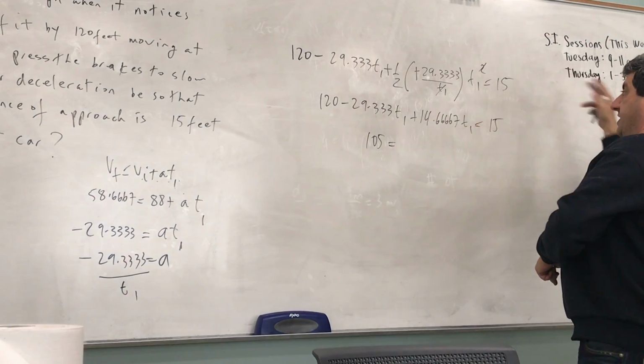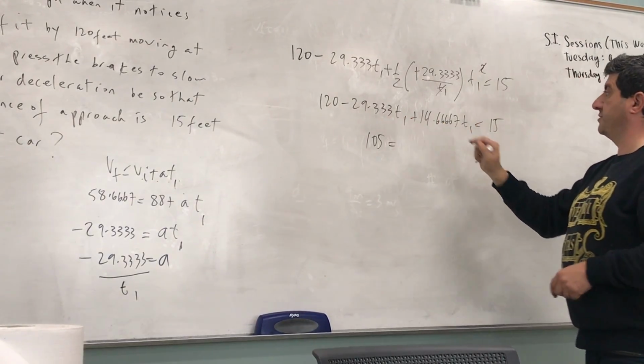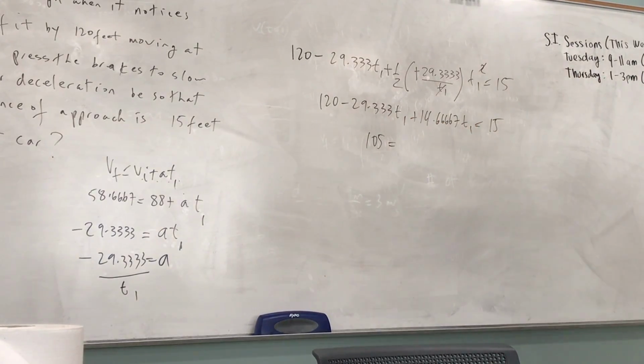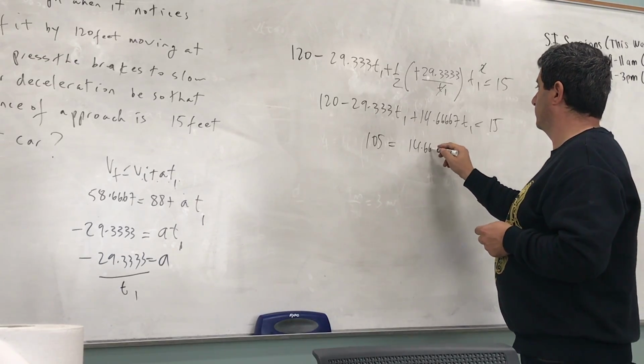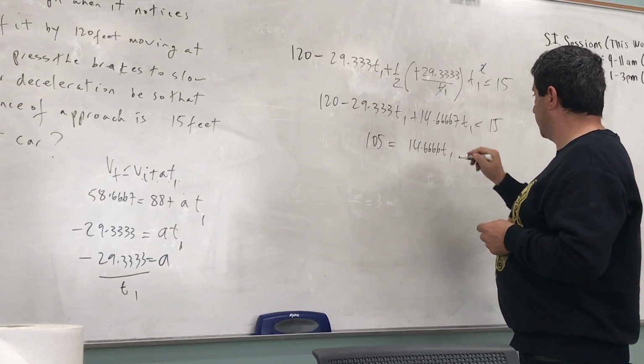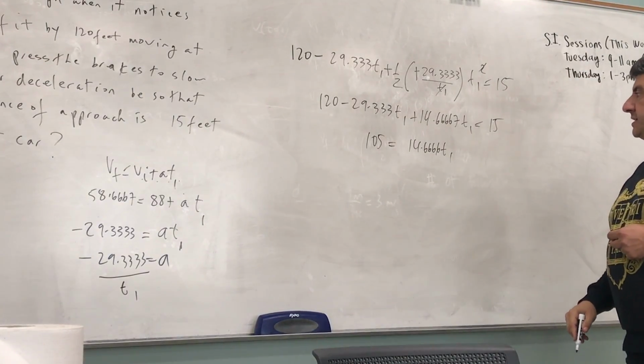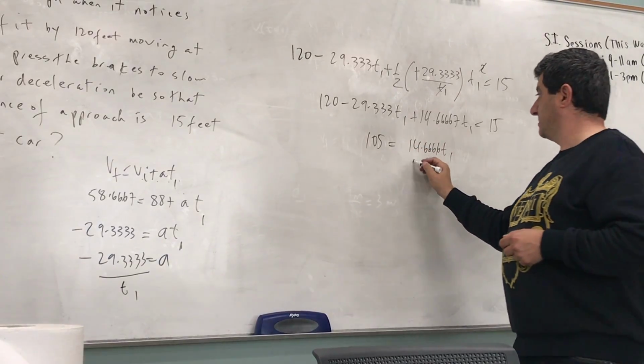Then take this guy to the other side, 29.33 minus 14. You get 14.66 T1, right? And then divide that by that.